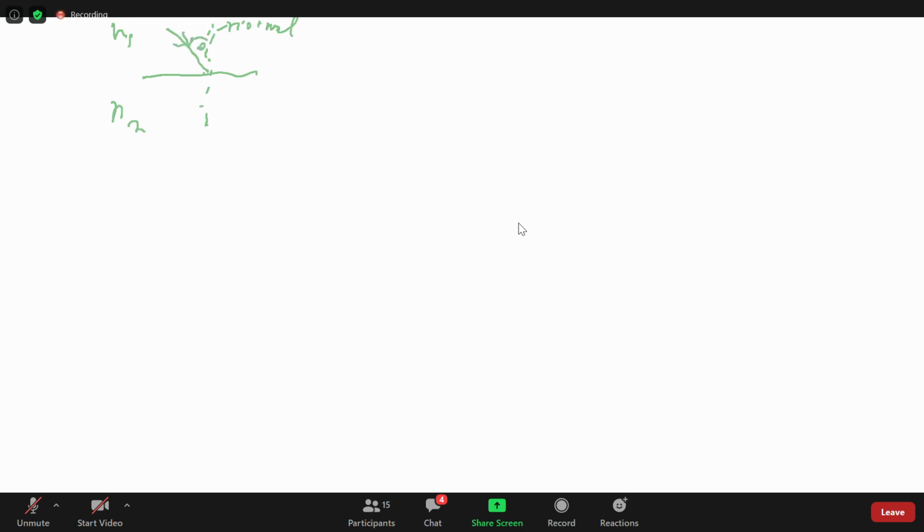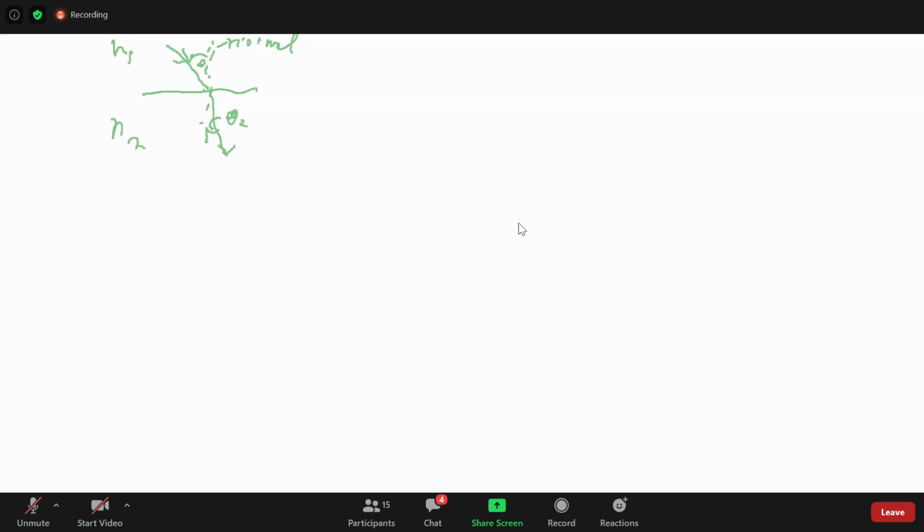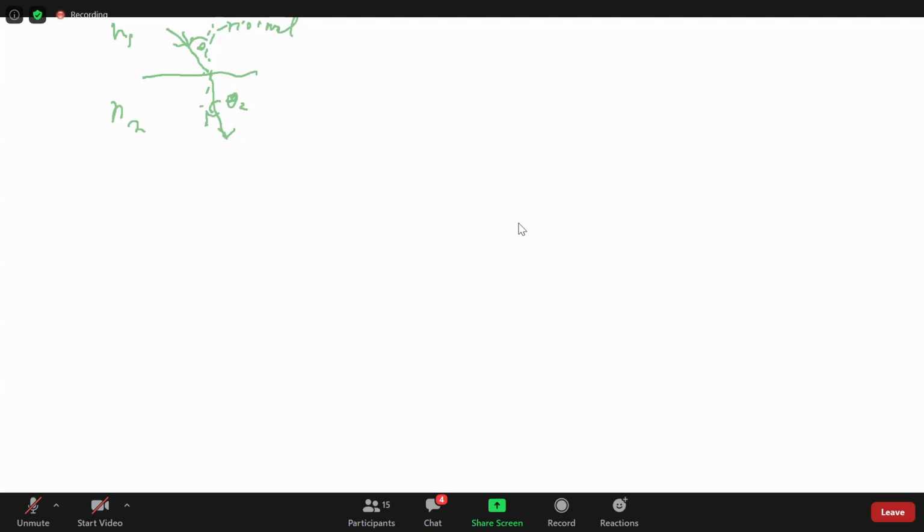It gets refracted at the interface and travels this way with this angle θ2 inside, where in this particular case, for N2 bigger than N1, the refracted ray bends toward the normal, right? So that means that θ2 is smaller than θ1.